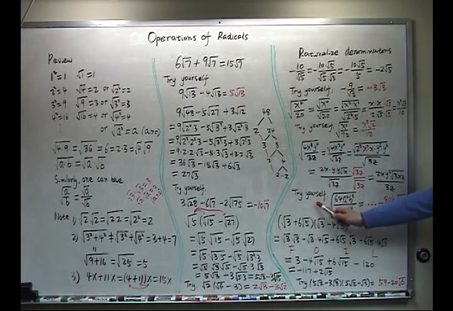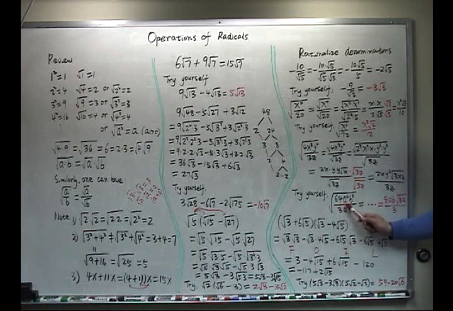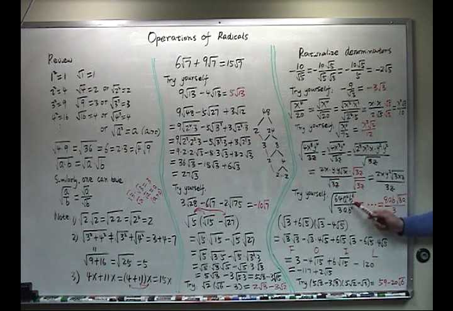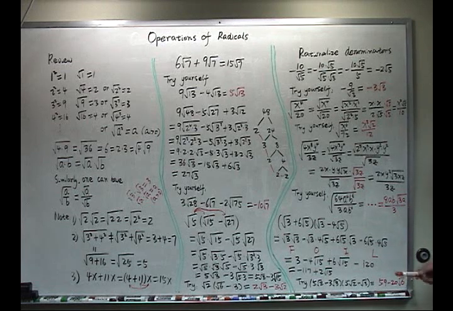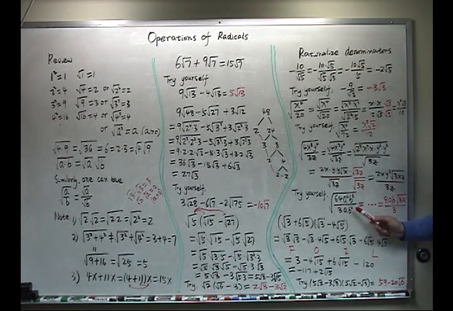Try this one yourself. Radical 64 a to the 4th times b to the 6th divided by 3ab to the 4th. This is the final answer: 8ab times radical 3a divided by 3. This is slightly different from the above. You have a downstairs and a to the 4th upstairs, so a can be cancelled.